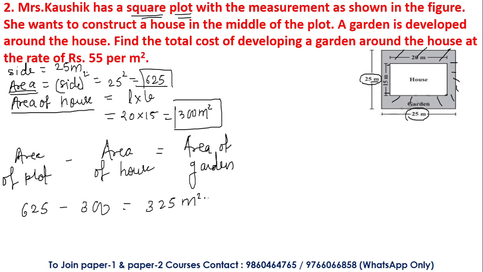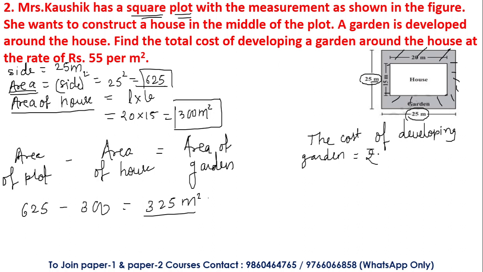Now the next most important data mentioned in the question is, for developing the garden around the house, the rate is given, that is rupees 55 per meter square. Now we know the area of the garden is 325 meters square. So the cost of developing the garden is rupees 55 per meter square.